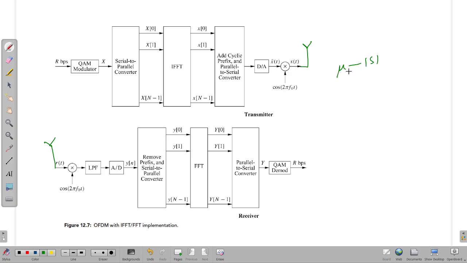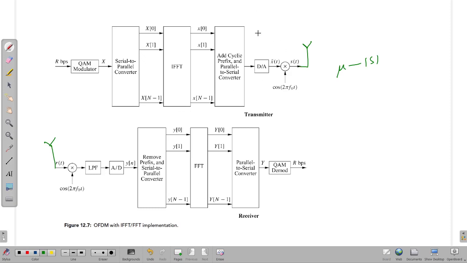You have the rest of the symbols, which have interference but from the same signal itself, and the serial data is converted into parallel, and you have n samples here. Then an FFT is performed.